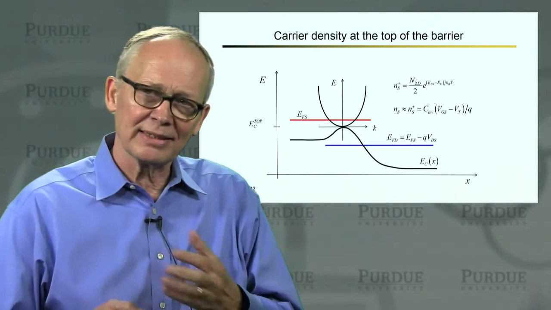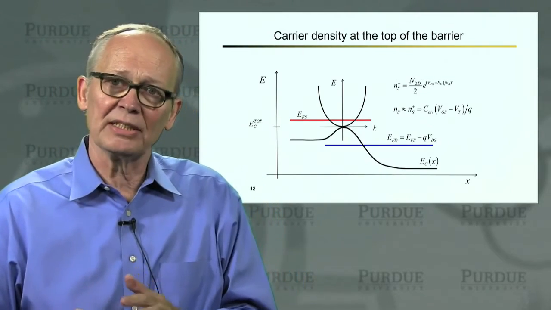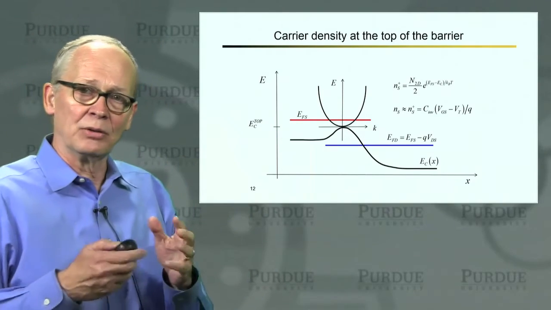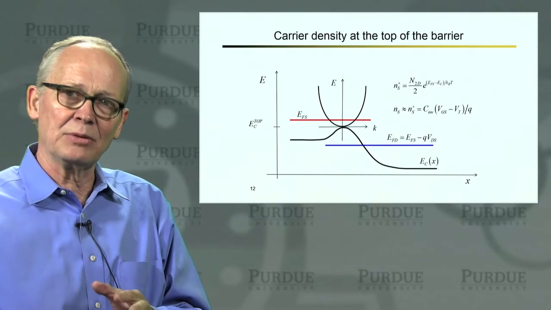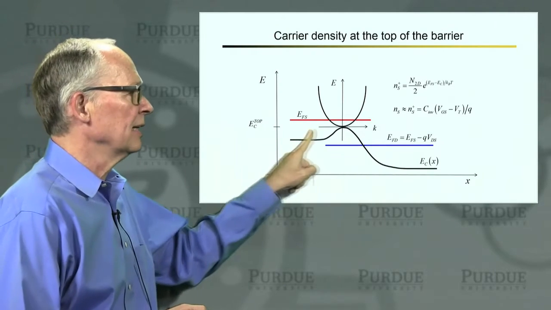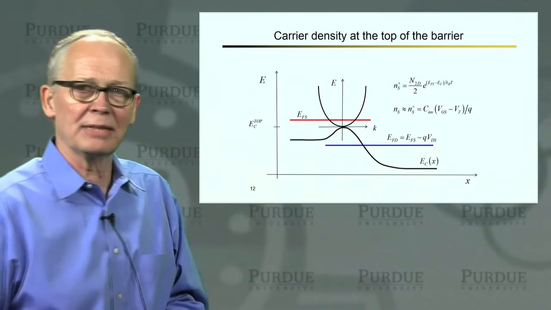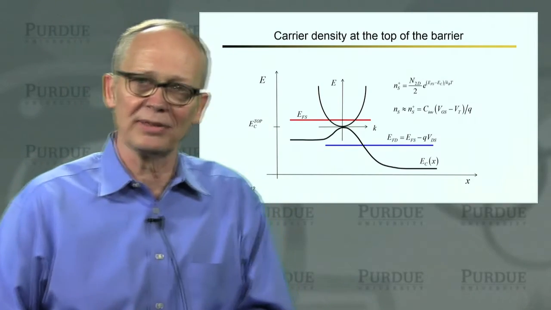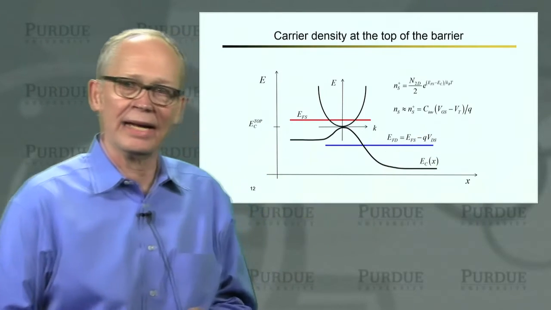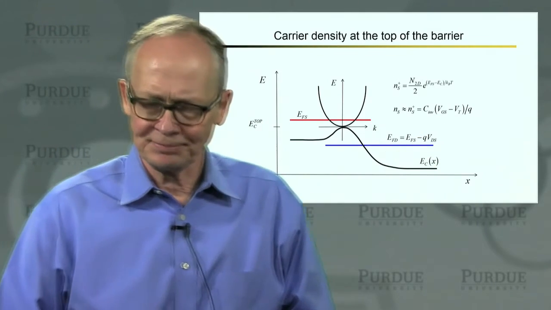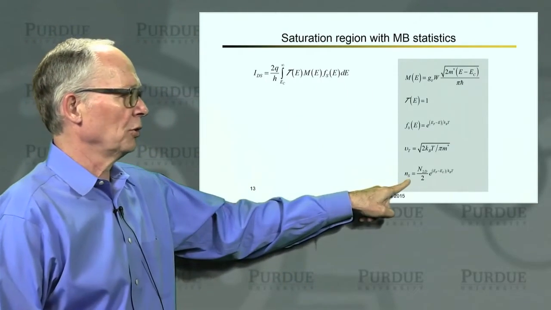So what happens is that the Poisson equation self-consistently readjusts itself in order to be sure that all of the charge in the gate balances an equal amount of charge in the semiconductor. That happens by pushing this barrier down a little bit under high drain bias so that more positive velocity electrons come in and we're left with the same number that we had under small drain bias. So that's what the factor of 2 in this expression is all about.